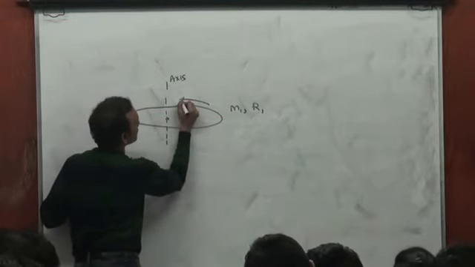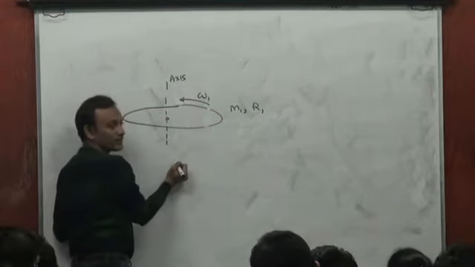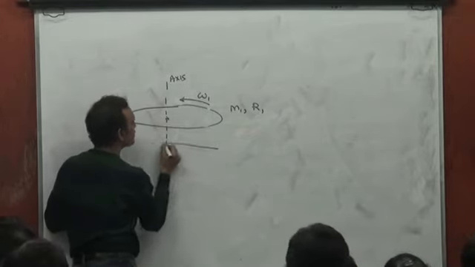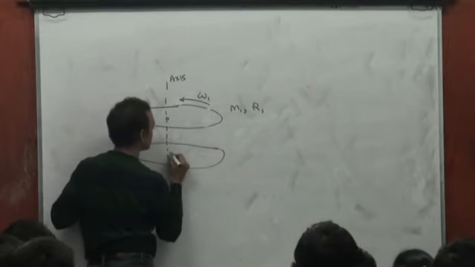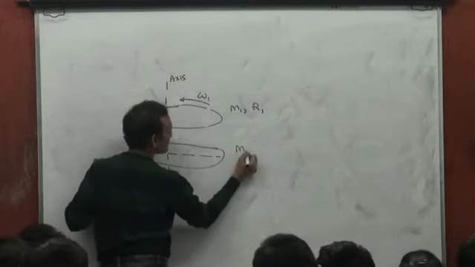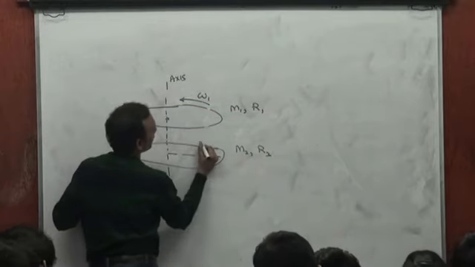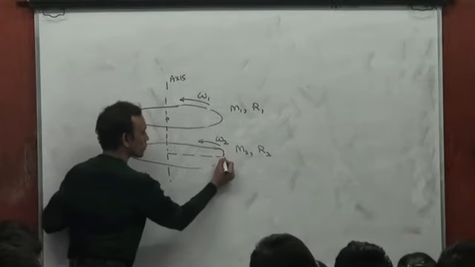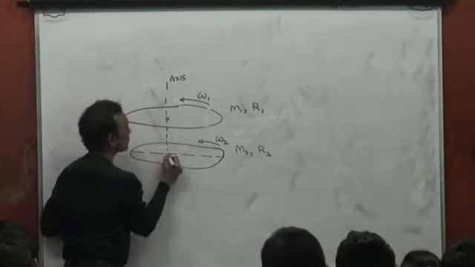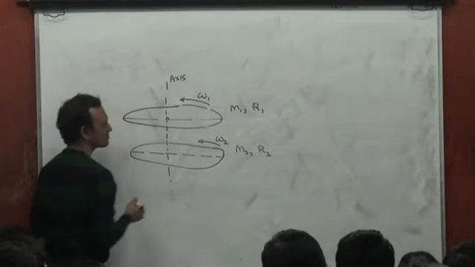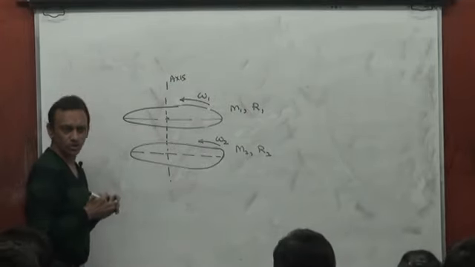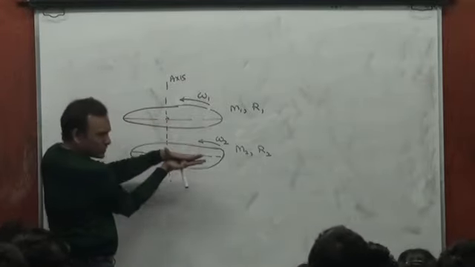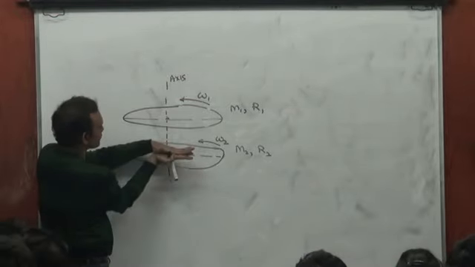Say the disc had an angular velocity omega 1, and it was very slowly placed on another disc of mass m2 and radius r2, having an angular velocity omega 2. When this is very slowly placed on top of this, right?